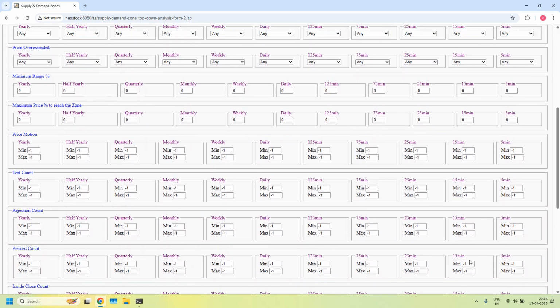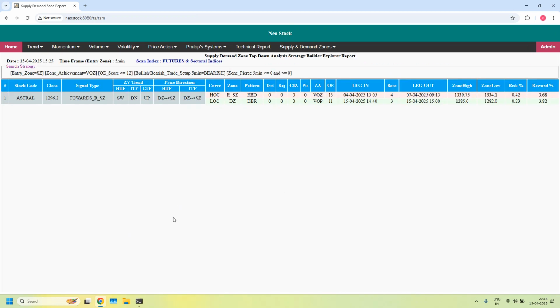So in the pierced count, 5 minutes time frame, minimum value 0, maximum value 0. We got only one stock supporting the bearish trade setup for hourly income trade.